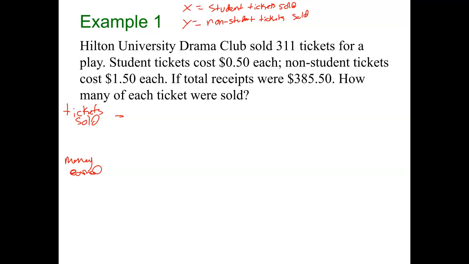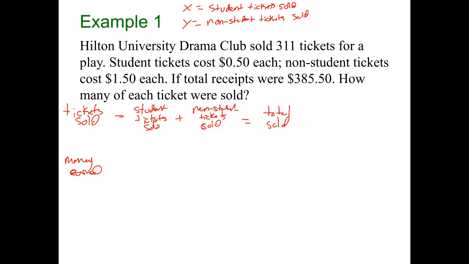So if I take student tickets sold and I add it to the non-student tickets sold, I'll get my total.